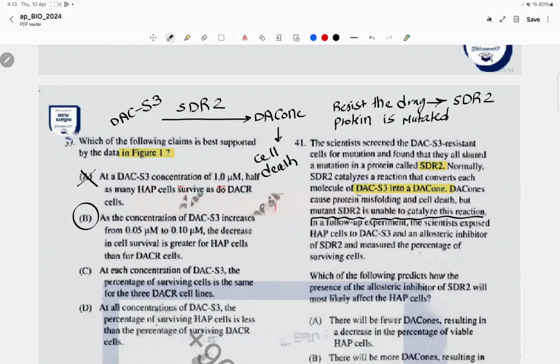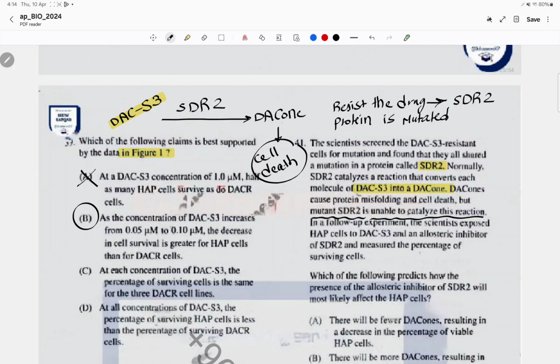In a follow-up experiment, the scientists exposed HAP cells to DACS3 and an allosteric inhibitor of SDR2. So if you inhibit SDR2, this substrate is no longer able to bind the DACS3, and you will no longer cause cell death.